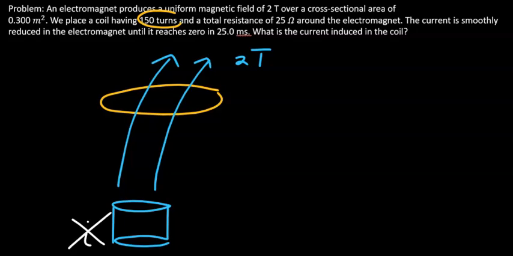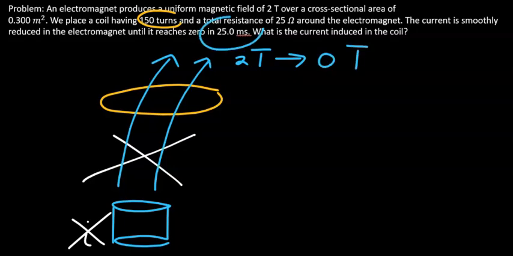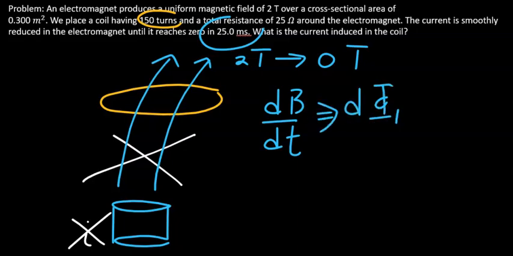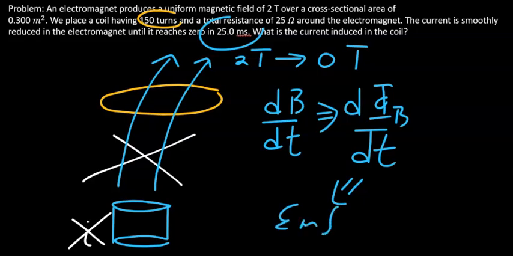That would switch off the magnetic field that's going through the coil from 2 Tesla to 0 Tesla, and this happens in 25 milliseconds. So because you have the change in magnetic field with respect to time, that implies the magnetic flux through that coil will also change with respect to time, which in turn implies induced EMF and therefore an induced current.